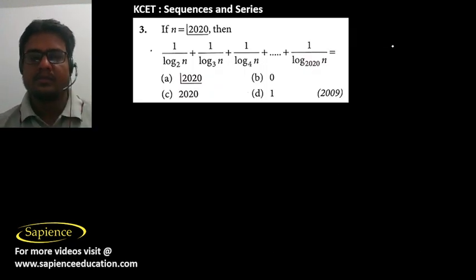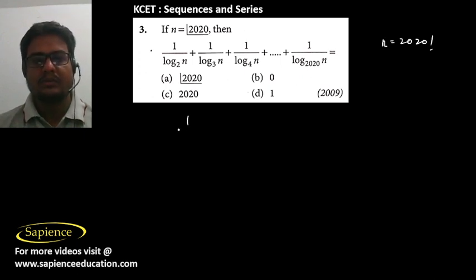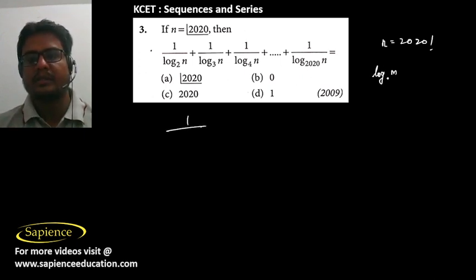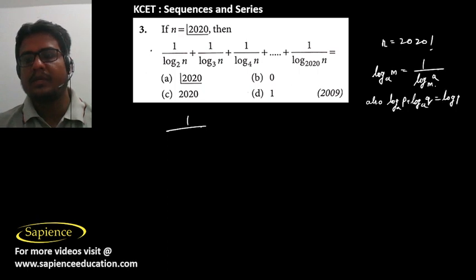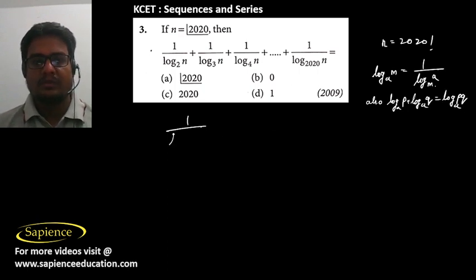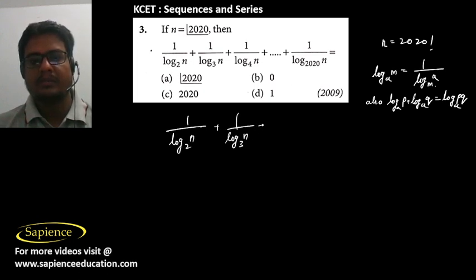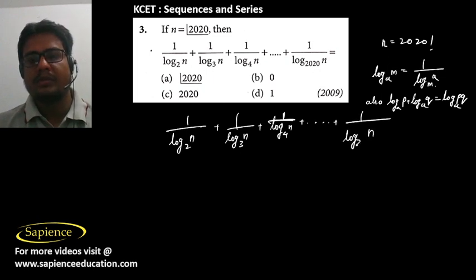Then here it is told that if n equals 2020 factorial, then this value is how much? So we know that log m base a is equal to 1 by log a base m, and also log p plus log q, we can write it as log pq base a. So this will be 1 by log n base 2 plus 1 by log n base 3 plus 1 by log n base 4 plus till 1 by log n base 2020.